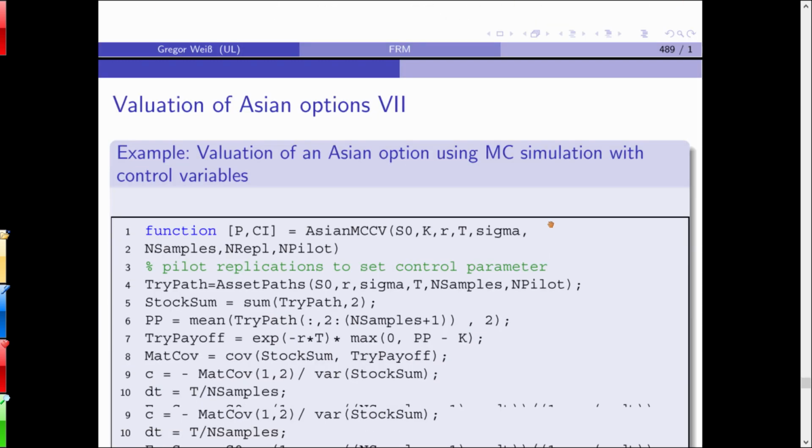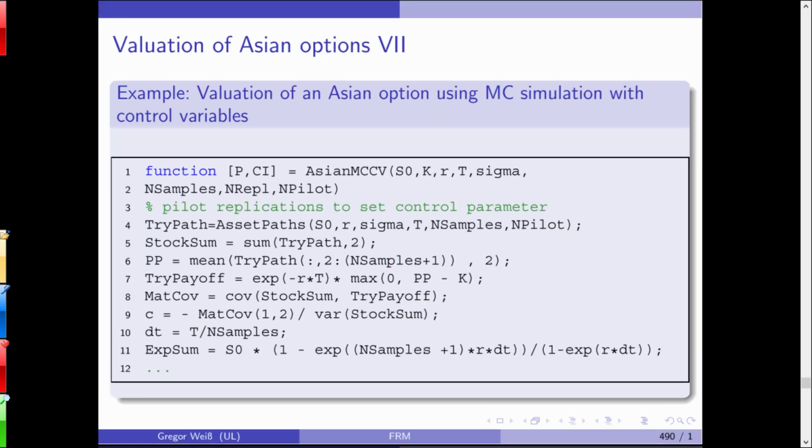So let's do this here. We first need to set those parameters, and we do 2 simulations. The first run of simulations is only meant to estimate those control variables and the parameters.